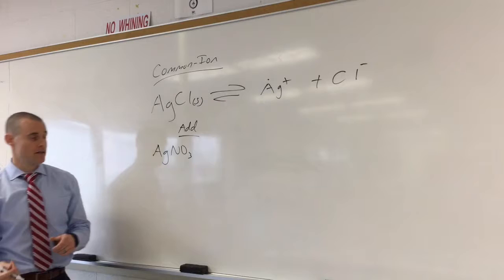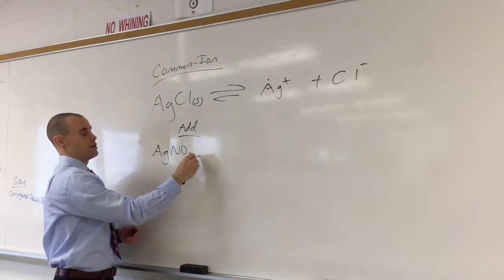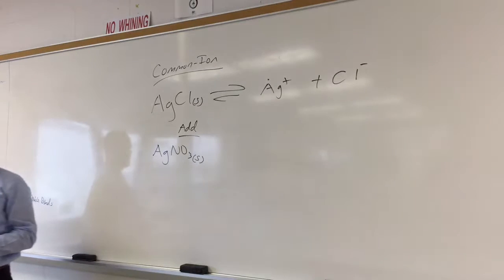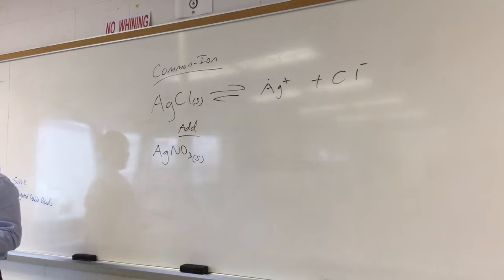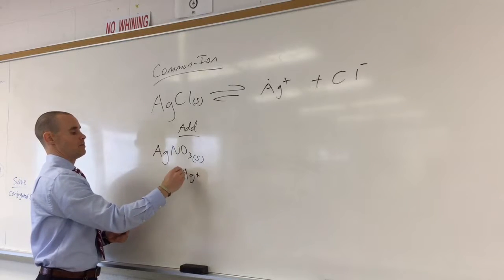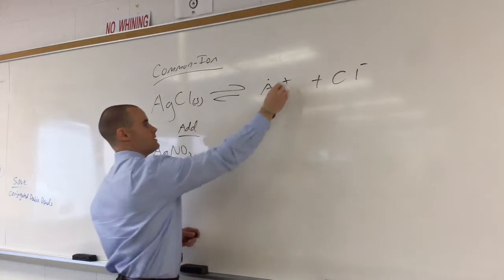You could add solid or a solution, but if we add AgNO3 solid, let's say, to this equilibrium, what happens? What's the common ion? Right, so you're adding more Ag+, so the common ion is Ag+.